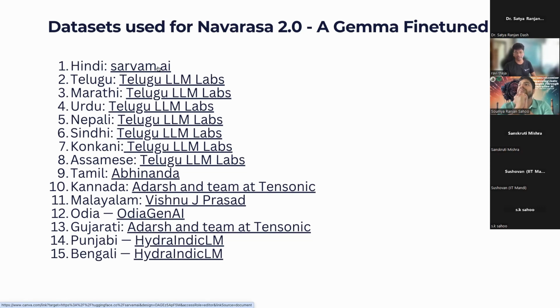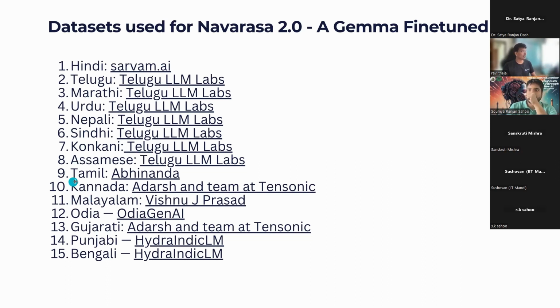For Telugu, we created the dataset, translating whatever English dataset we have using Azure OpenAI. And then for Marathi, Urdu, Nepali, Sindhi, Konkani, Assamese, for all these languages, we have an English filtered dataset, where the code samples or other language translation samples have been filtered using some techniques. And then we used the Azure Translator API to translate it to these languages.